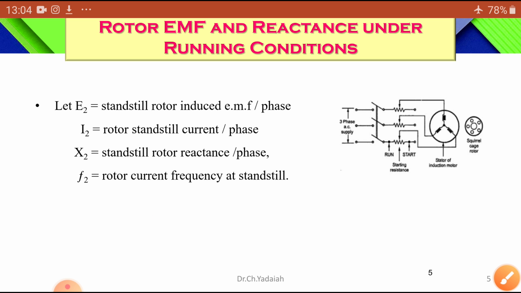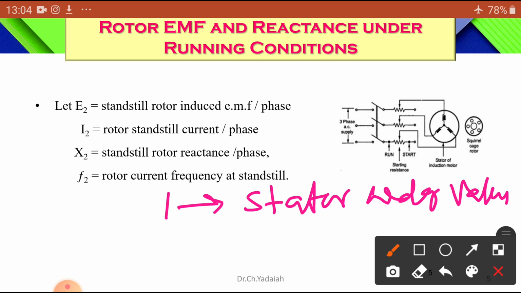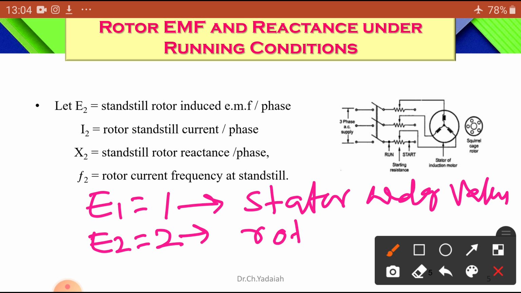Dear students, 1 is for stator winding values, whereas 2 is for rotor. E1 is the self induced EMF of the stator, and E2 is the EMF induced in the rotor, the rotor winding parameters under n equal to 0. So the rotor is at standstill, no movement.